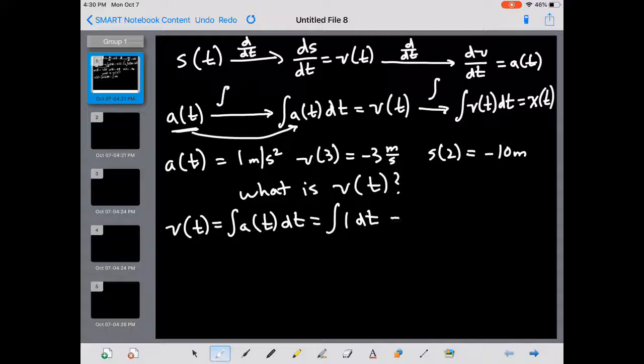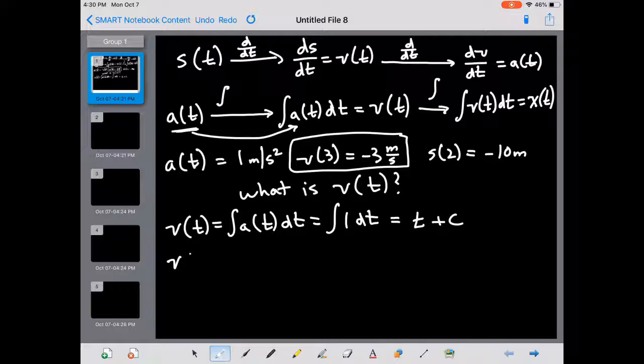The antiderivative of 1 dt is t plus c. I need that c because it represents my unknown constant. It could be 0, but we need to verify what it is before we move on. I can verify c by plugging in the condition given: v of 3 is equal to negative 3.